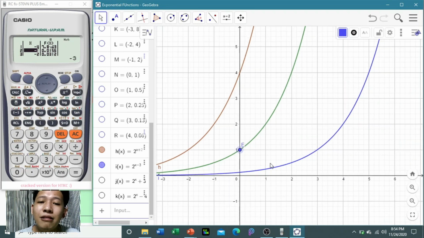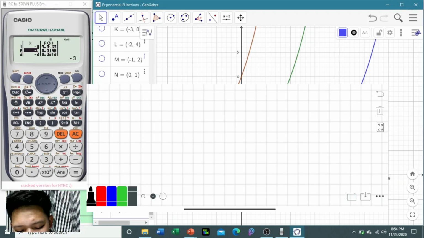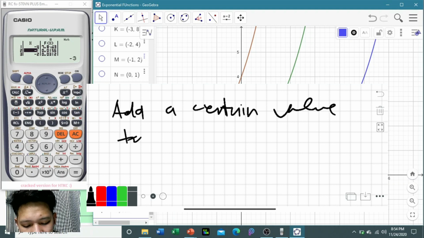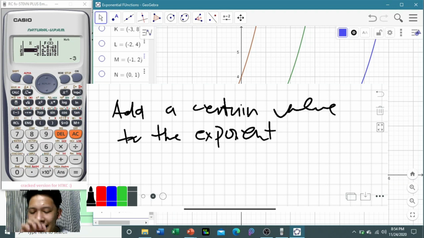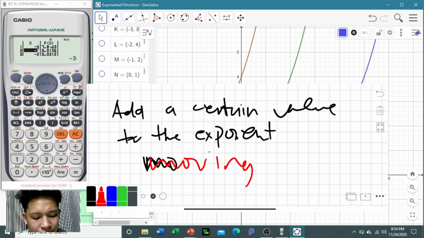Hence, we can draw conclusion that if we add a certain value to the exponent, ang nangyayari is we are actually moving the graph. We are moving the graph what? We are moving the graph to the left. Okay? So, ilang units to the left? So, kung ilan yung inadd mo.